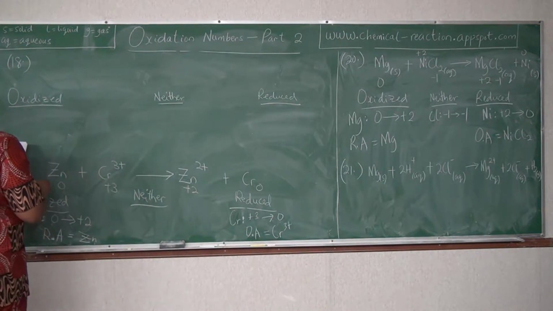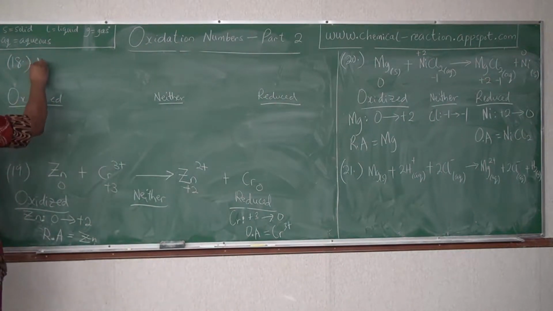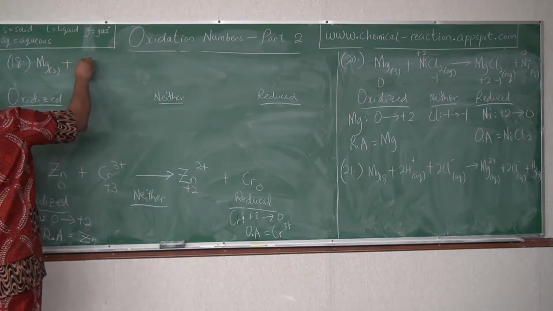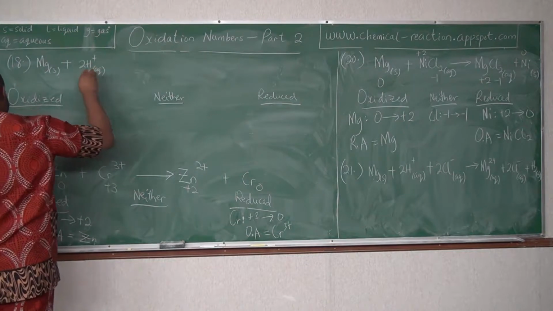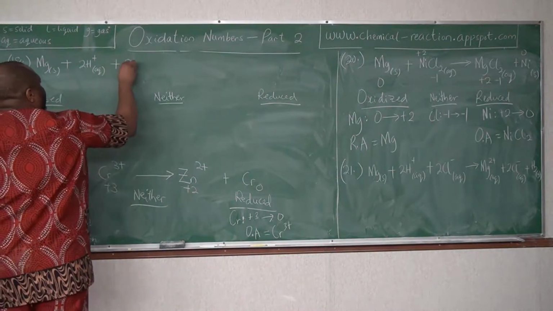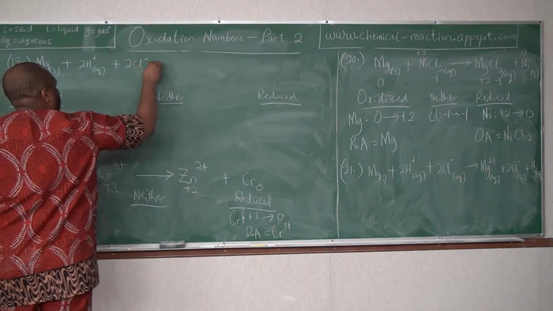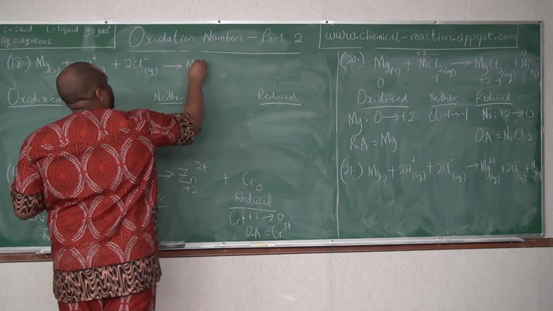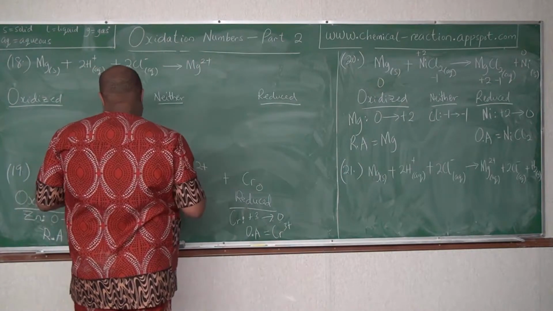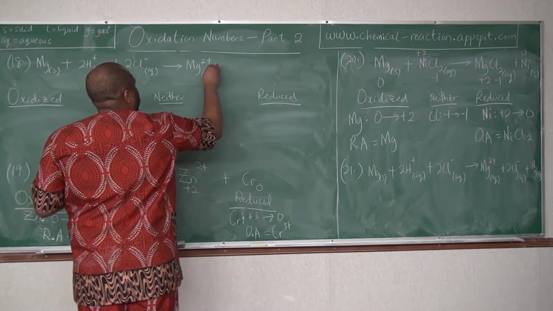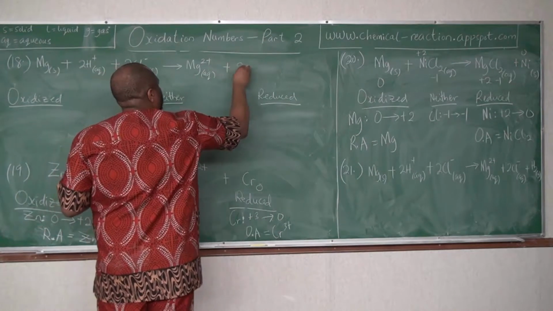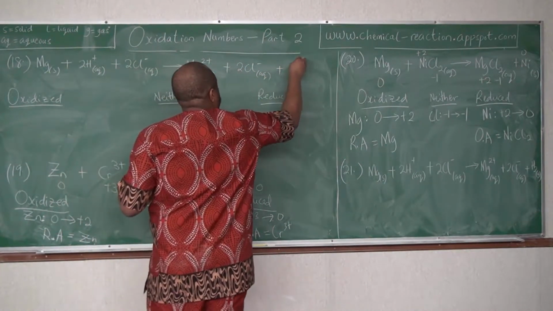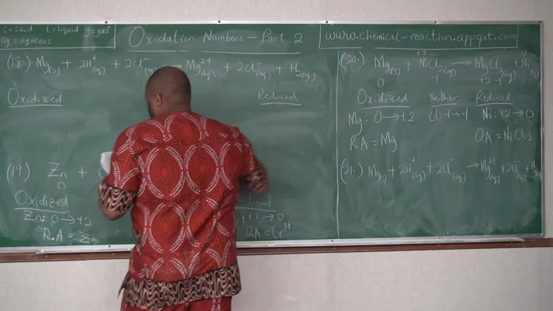So we have solid magnesium, plus 2 moles of aqueous hydrogen ions, plus 2 moles of chloride ions, to give magnesium 2 ion, aqueous of course, plus 2 moles of aqueous chloride ions, and then 1 mole of hydrogen gas.